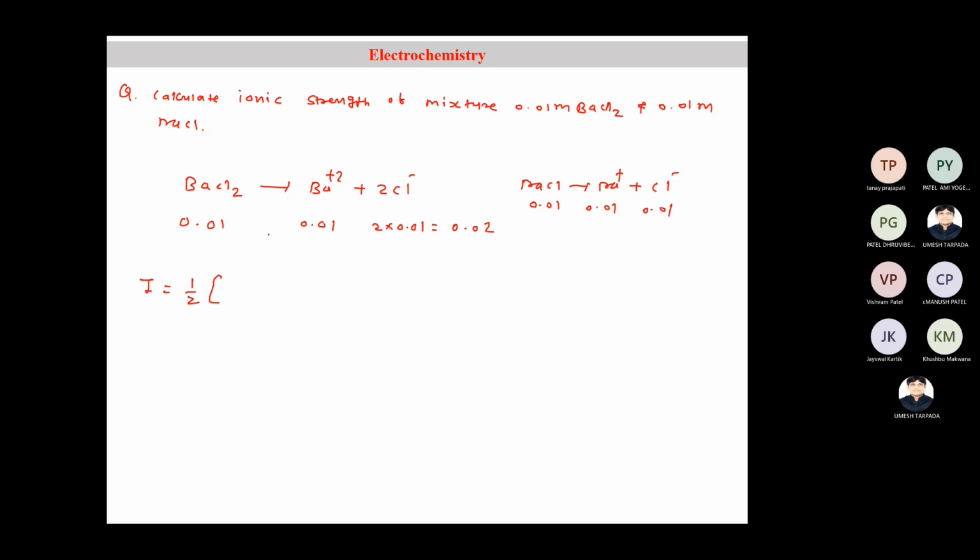So BaCl2 gives Ba plus 2. So for Ba plus 2, Ci Zi square: Ci means 0.01, Zi square means 2 squared, plus 2Cl minus, so its concentration will be 0.02 into Zi square, that is -1 squared.